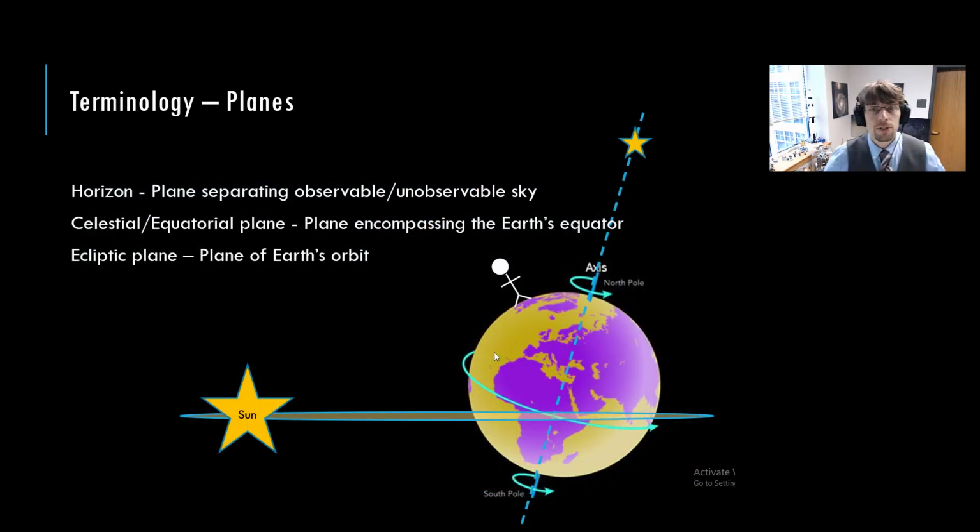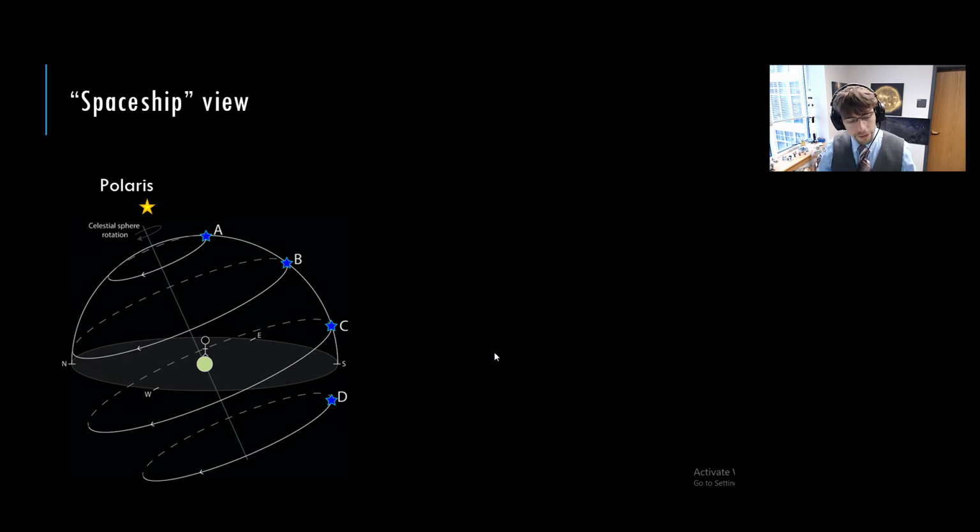So that's it for terminology. Now we're at a position where we can sit and talk about the celestial sphere. So I call this the spaceship view. What I've got here is the Earth in the center, with a person standing on it, and this grayed oval, I have indicated the horizon for that person.